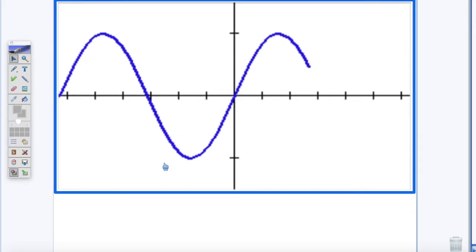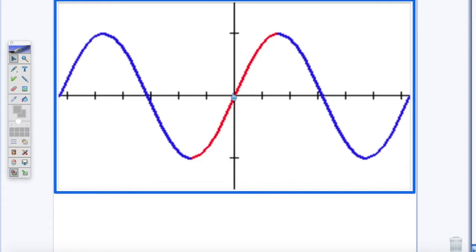And then after that, we're going to draw just a section of the sine wave in red. The section we're drawing is going to allow us to pass the horizontal line test.